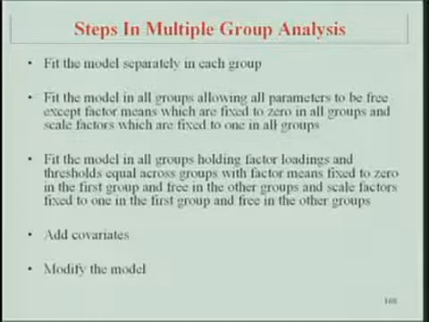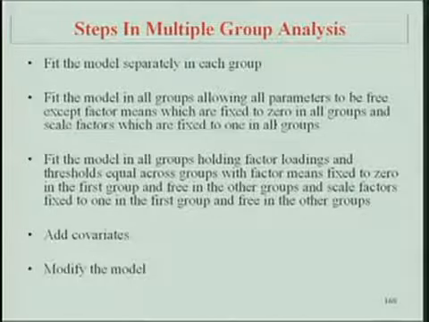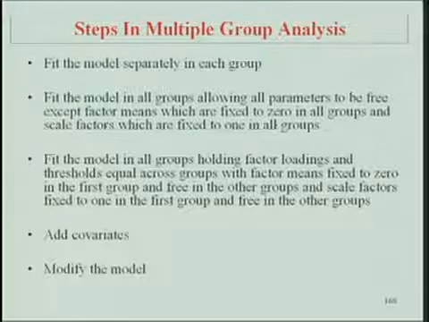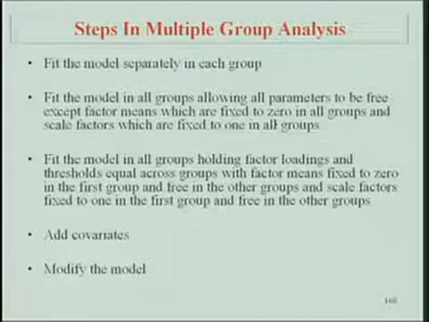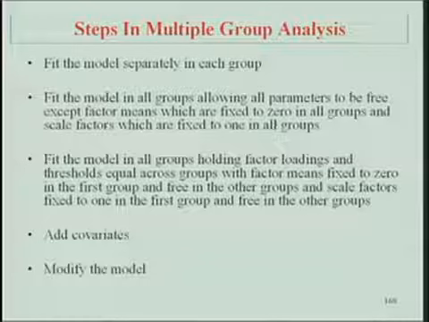Somebody asked me, why don't you, as a default, hold every parameter equal across the groups? Every parameter meaning not only the measurement parameters, but also the structural parameters. Good question. If you really believe that that is the model that's closest to the true model per your substantive reasoning, by all means, go ahead and do it that way, and then relax the restrictions one by one.